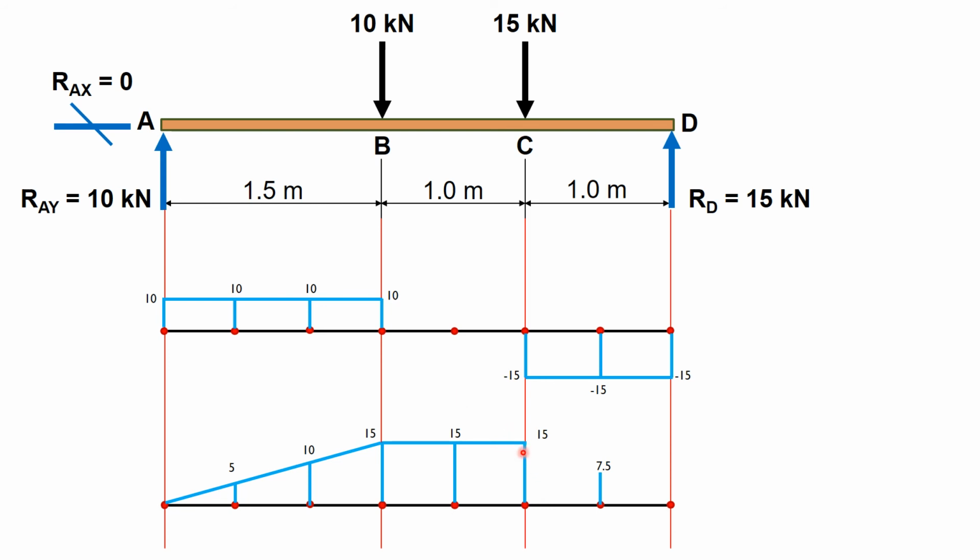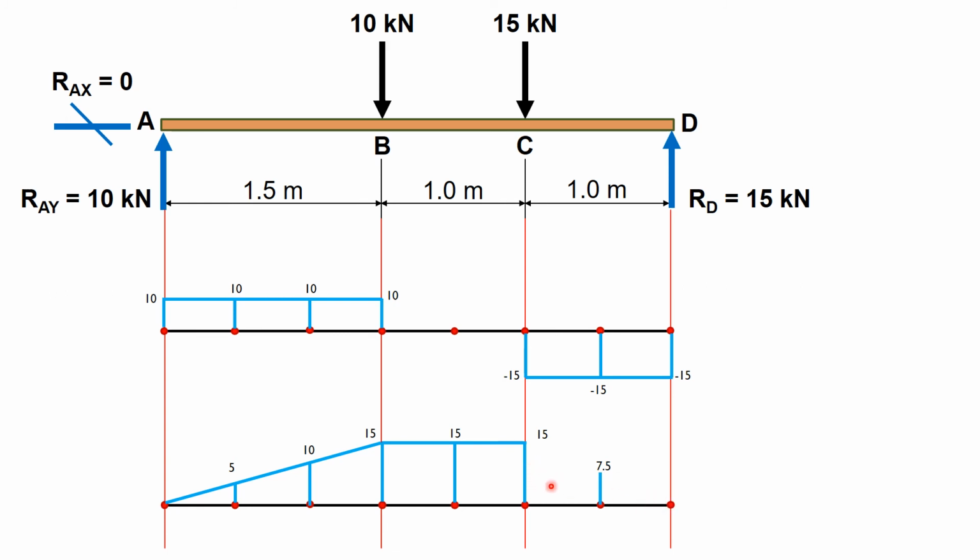While for CD, dahil may variation ulit, and if you check for the difference between 2 consecutive values, for example, 15 and 7.5, ang difference niyan ay 7.5. Then, 7.5 to 0, ang difference is 7.5 also.